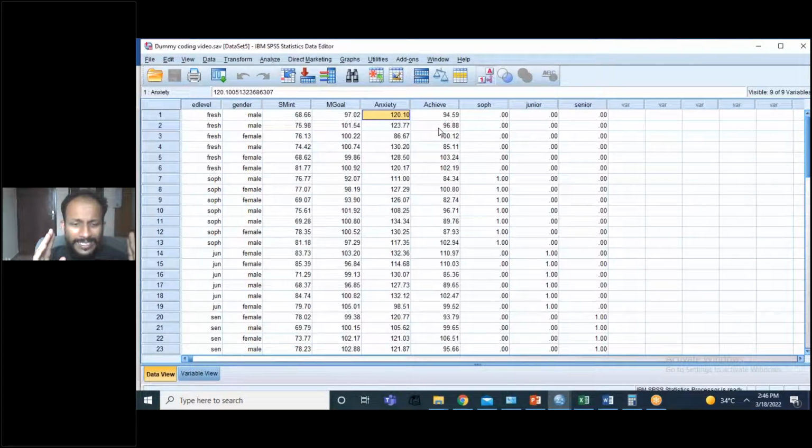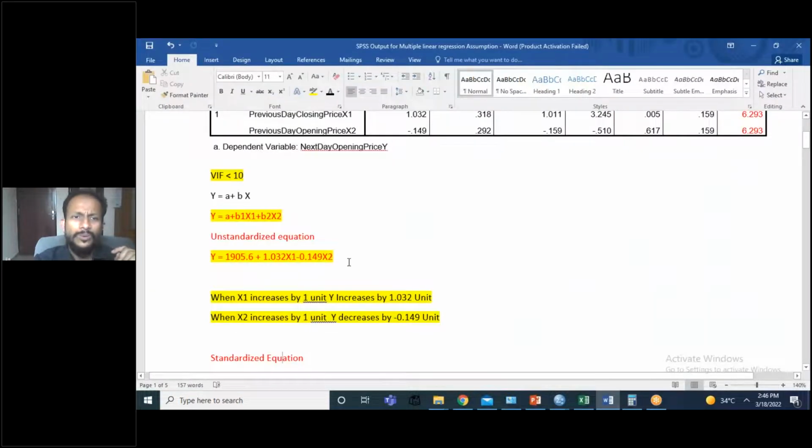Here we are going to understand one type of regression called stepwise linear regression. When we are talking about multiple linear regression, if you look at this Word file, you can see that we have considered both x1 and x2 simultaneously, and we are studying the strength of the impact of x1 as well as x2 on y.